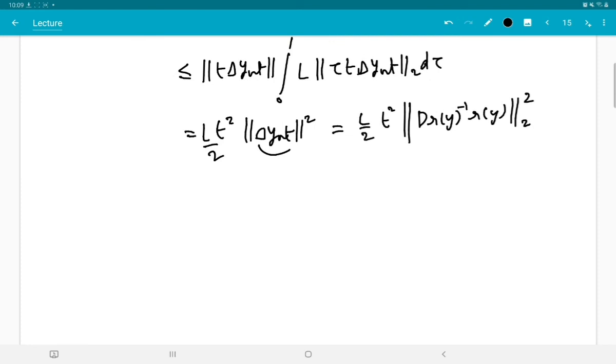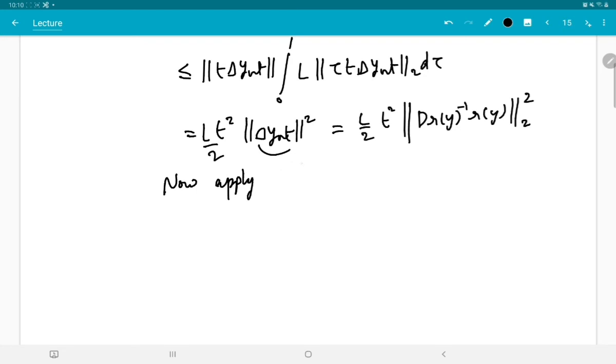And now we apply the bounding of the KKT matrix norm. The norm of this term is bounded.